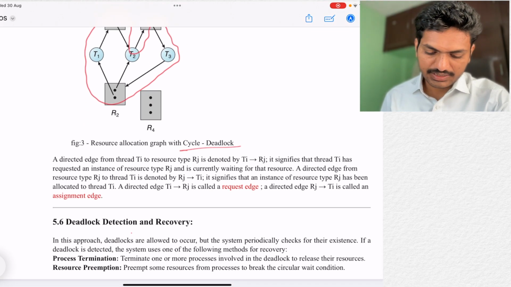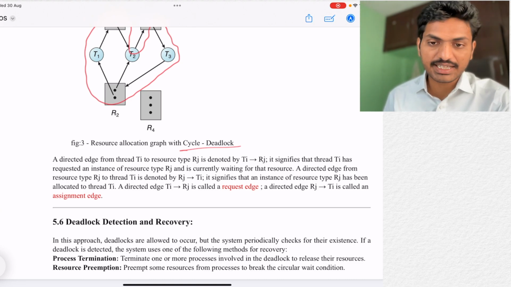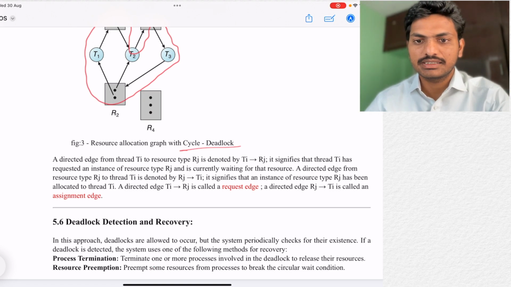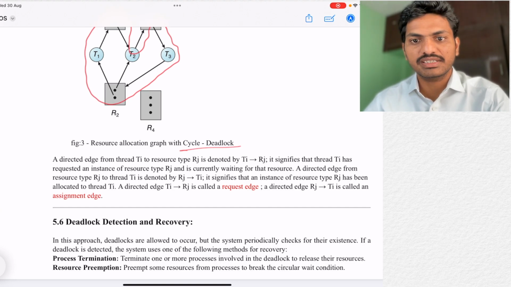Deadlock detection and recovery. Deadlock termination. Process termination. If three or more processes are in contention, in the competition, if you kill one process, then there is a chance to remove the deadlock.